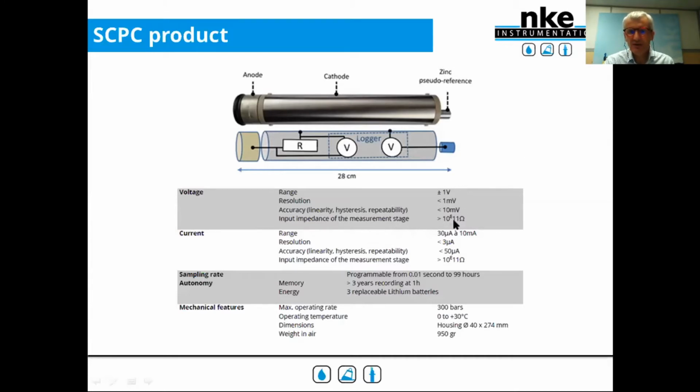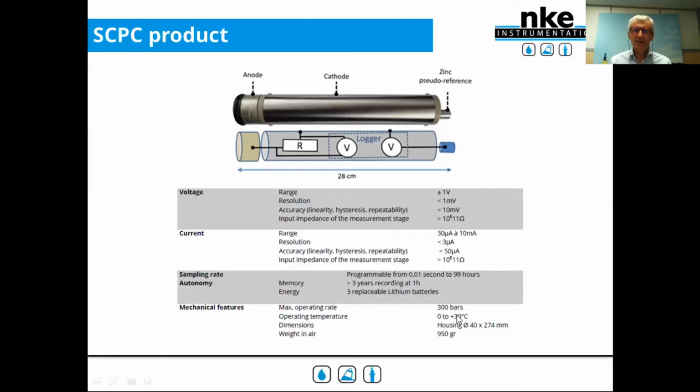So this is a range of voltage measurement. For the current, we have a very low range and we offer a very low resolution for the measurement. The impedance of the electrical board is very high, so we have no influence on the measurement and on the electrical compartment. This is an autonomous data logger, so we can program recording from less than 1 second to several hours.